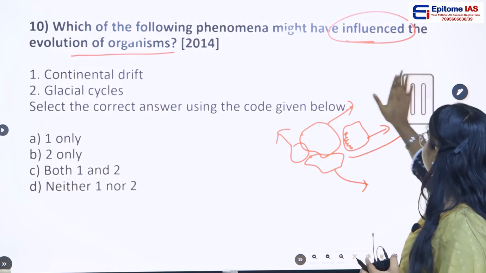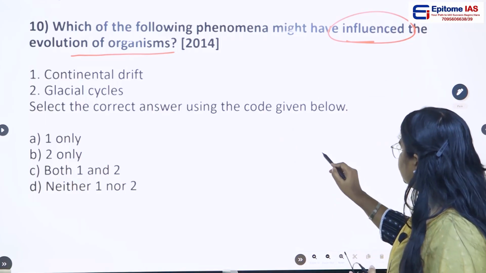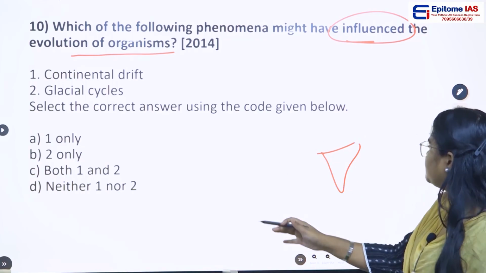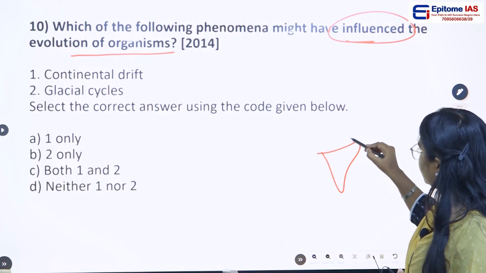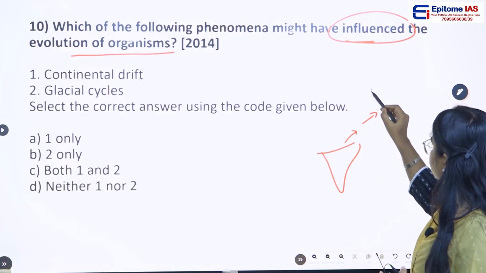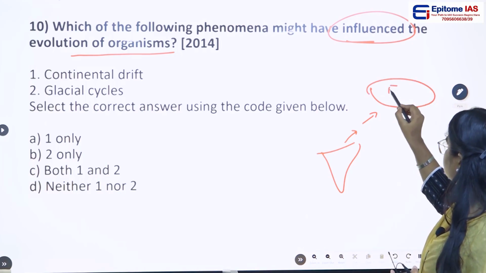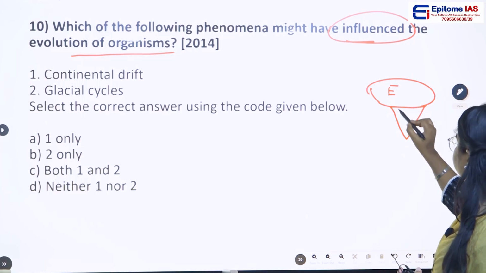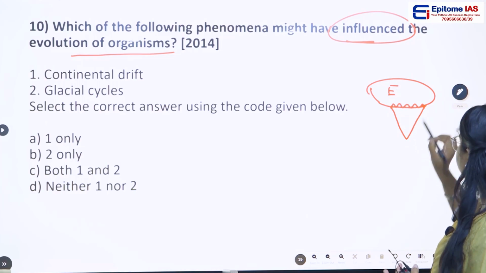For example, we have the Indian subcontinent. Initially it was part of some other plate and it broke, traveled north and collided with the Eurasian plate. When it collided with the Eurasian plate, the Himalayas were formed.